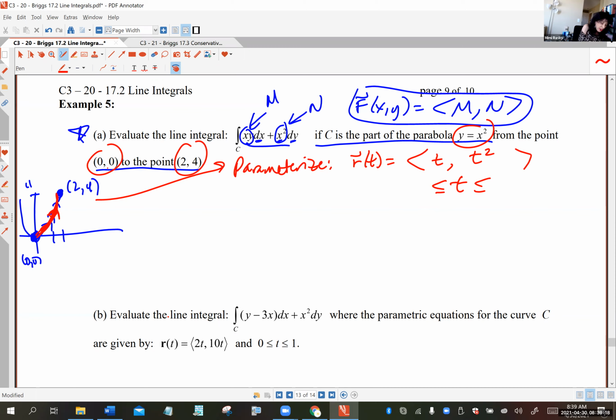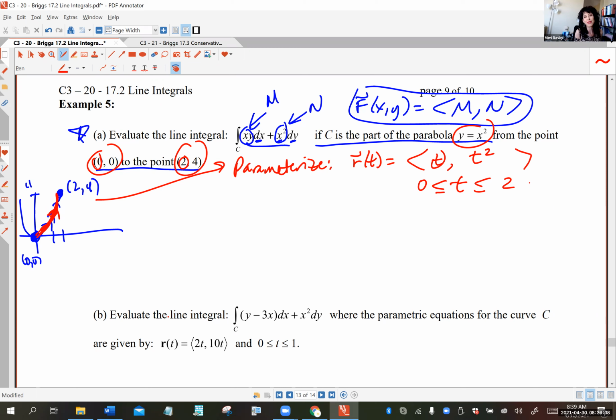Well, I hope you can see, since we did let x be t and the starting and stopping x coordinates are 0 and 2, we can easily let our time start at 0 and stop at 2. It's not always going to be that easy, but this one it is. So beautiful, we have our vector valued function. We did the parameterization. Yay!